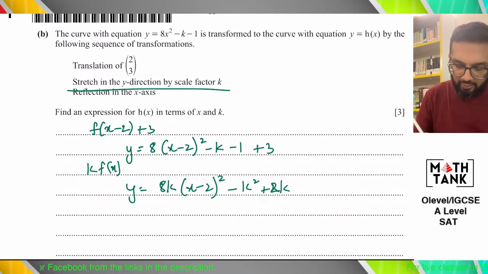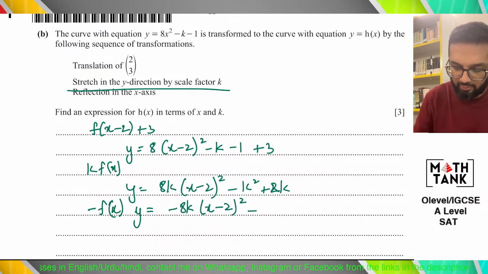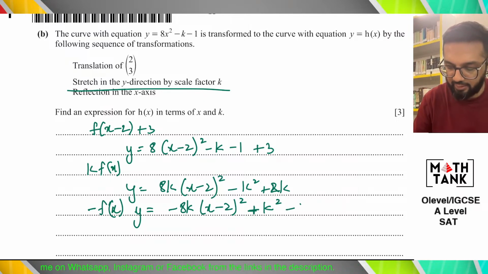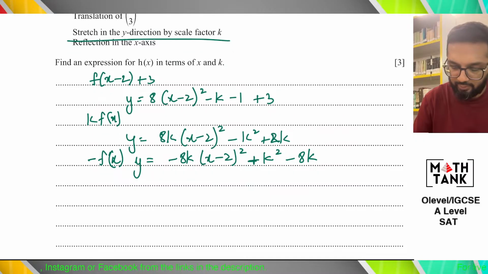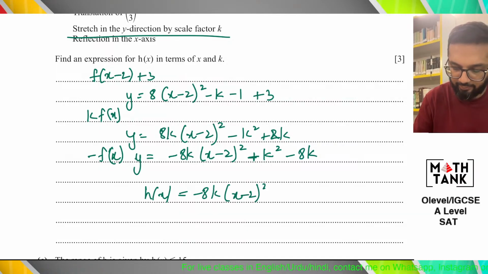Then a reflection in the x-axis means that I want to do minus f of x. That's going to be minus 8k (x minus 2) whole squared minus k squared plus k squared minus 8k. Okay, so finally h of x should then be minus 8k (x minus 2) whole squared plus k squared.